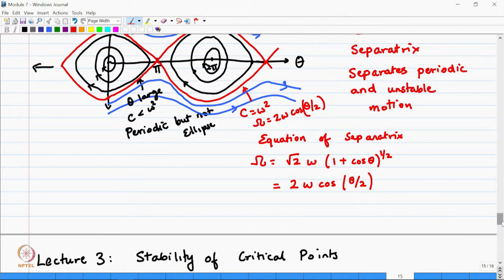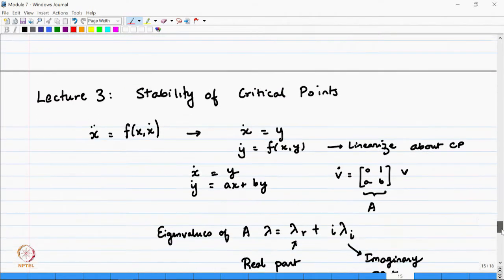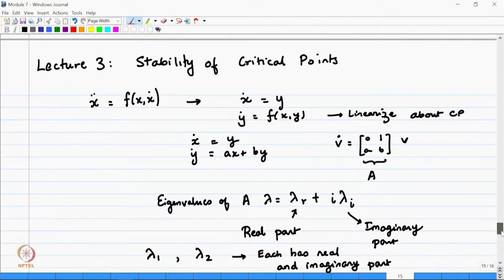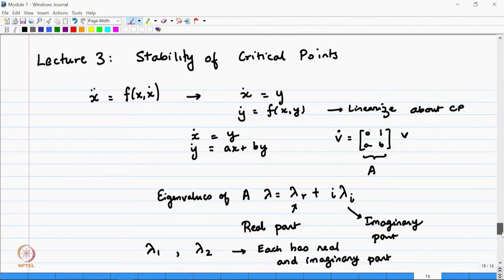Now let us go to the main topic for today, that is the stability of the critical points. As I said, this will be a summary of what we have done in the last couple of lectures. Remember, in the last lecture we started with this differential equation, a second order differential equation, and we can write it in general as x dot equal to y and y dot equal to f of x y.